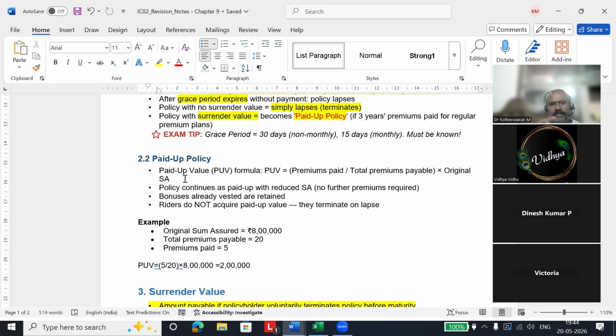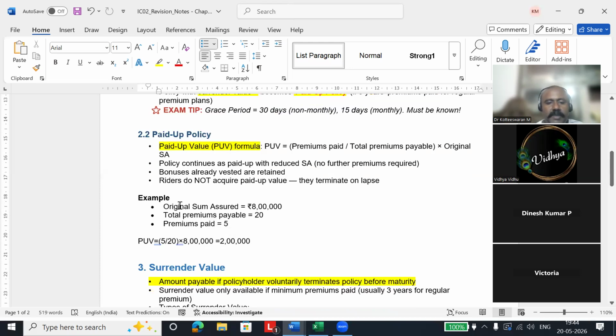So there is a formula to calculate paid up value. Okay. So what is paid up value? Paid up value is equal to premiums paid, whatever premium you paid, divided by total number of premiums payable, into original sum assured. So this is the formula.